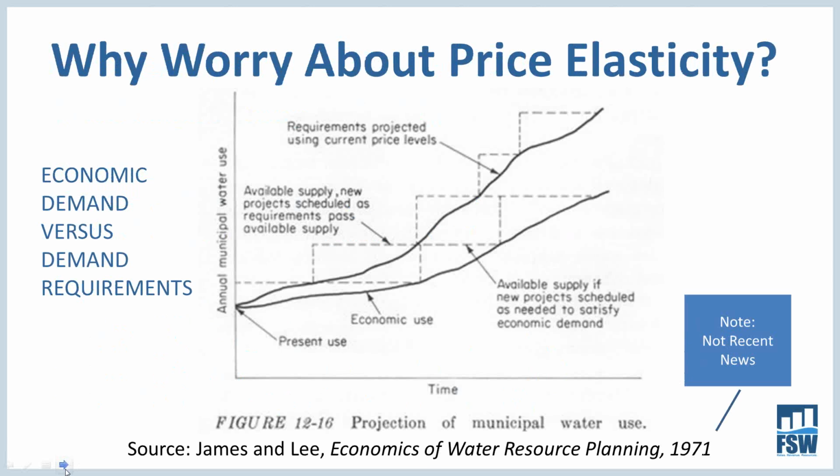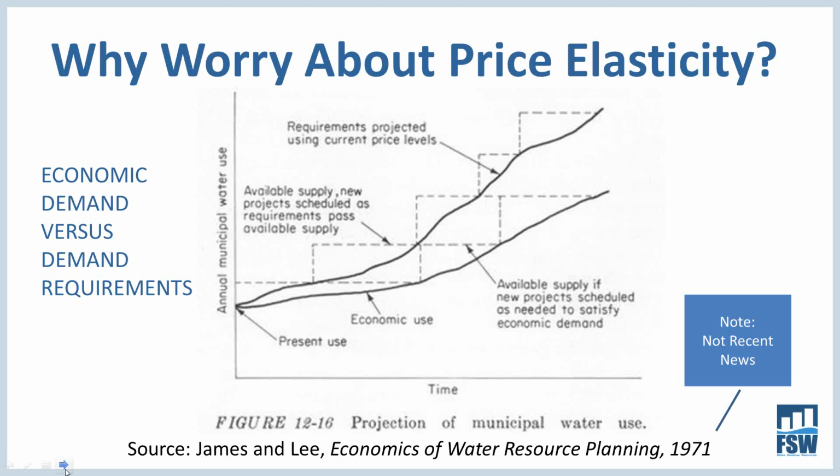In particular, the sales forecasting and rate model embeds this concept of price elasticity, how your customers will predictably respond to changes in the real price of water. If you do your long-term planning based on a constant idea of demand requirements as opposed to demand that embeds customers' economic response, you see the top line would be the line where customers don't respond to increasing cost of water.